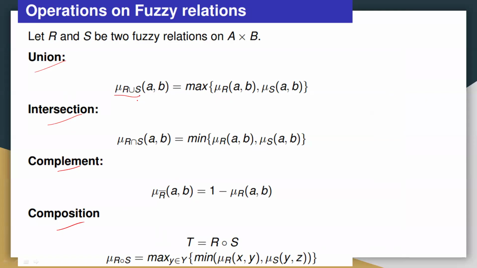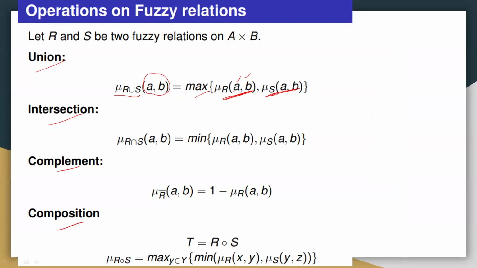So mu of R union S over the elements A, B is nothing but the max of the membership value in R, comma, the membership value in S. Okay. So when you talk of a relation, you will have two entities, right? Then only it can be a relation.